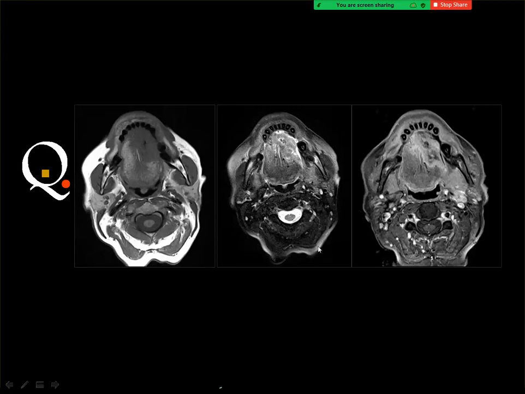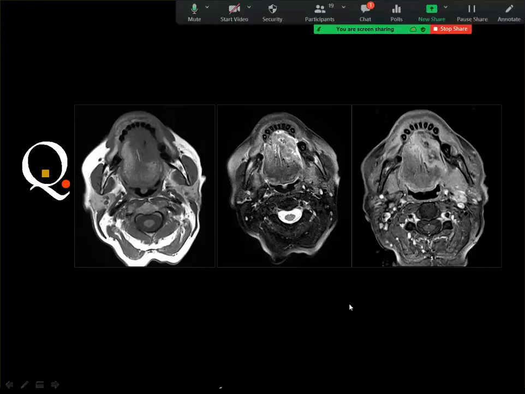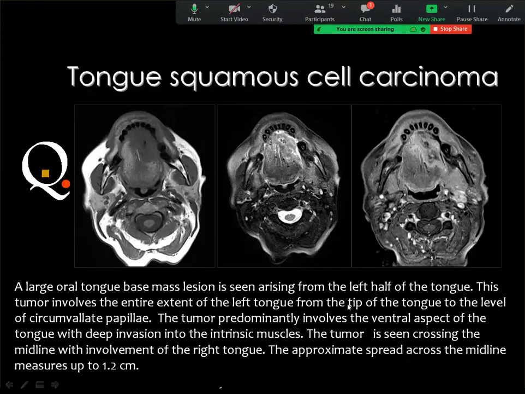This is a big issue actually in the tongue and in the region of the mouth floor spaces. But whenever you see a heterogeneously enhanced lesion without the appearance of true abscess formation and the detection of an abnormally affected tooth, then you should think first of the common, which is the malignancy.